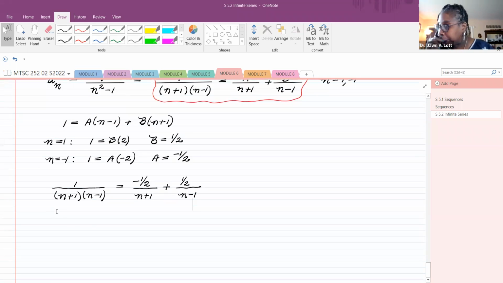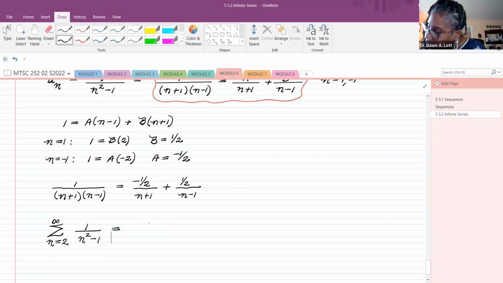So we can write this as the sum from n equals 2 to infinity of 1 over n squared minus 1 is now equal to the sum from n equals 2 to infinity of negative 1/2 over n plus 1 plus 1/2 over n minus 1.